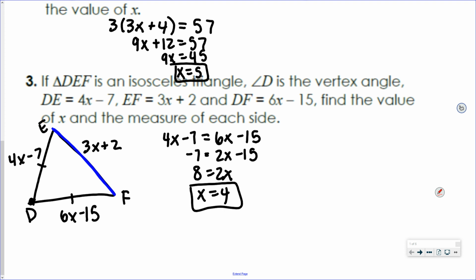So then to find the measure of each side, you just got to plug 4 into all the x's. So I did EF first, the base, and I got 14.